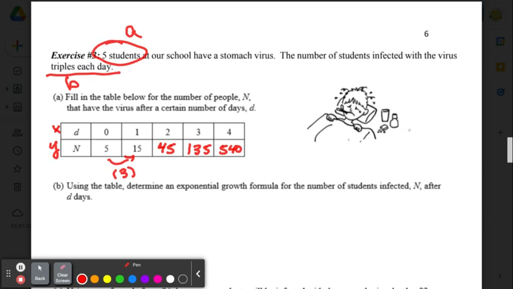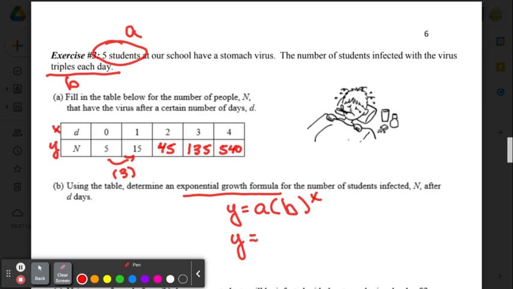Now for part B, using your table, determine an exponential growth formula. That means write an equation, y equals a times b to the x. Now you have the option. You can use the statistics section of your calculator to have it generate an equation for you, or you can use what we know about exponential functions.